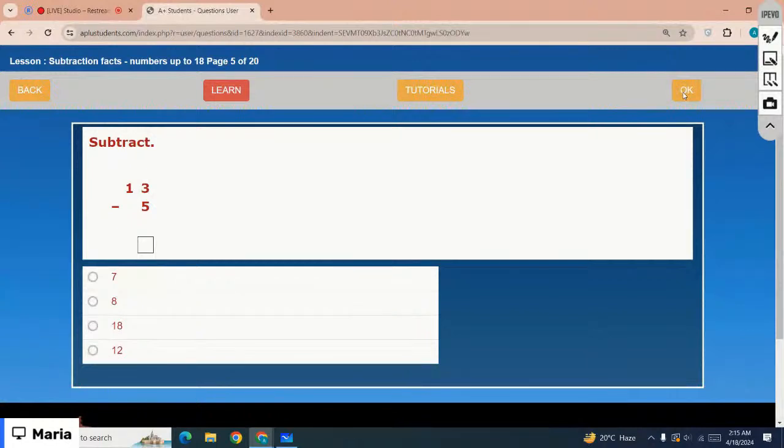13 take away 5 equals, 13 take away 5 is very good. The correct option is 8.